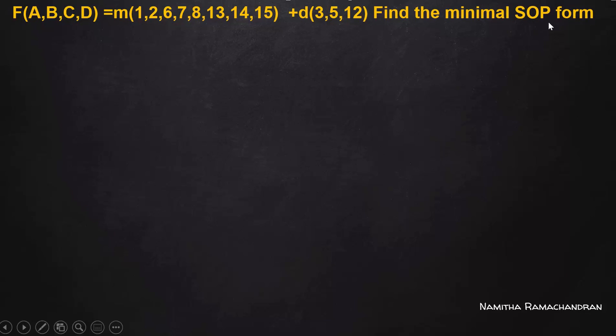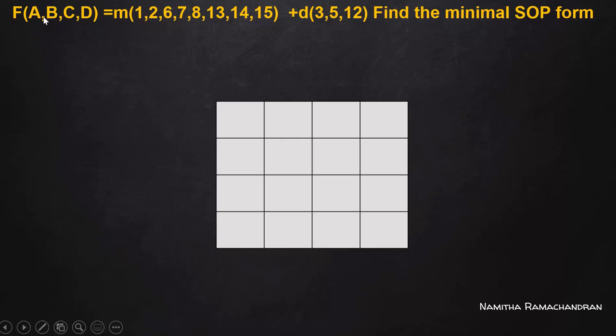Consider some SOP form simplification using Kmap. The question is like this. These are the given minterms that we want to mark in our Kmap, and this is the don't care case. This is a function with 4 variables a, b, c and d.